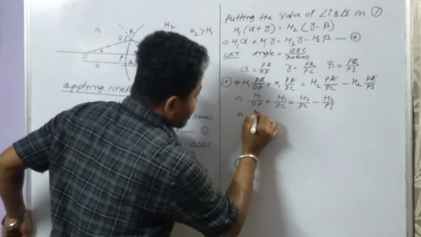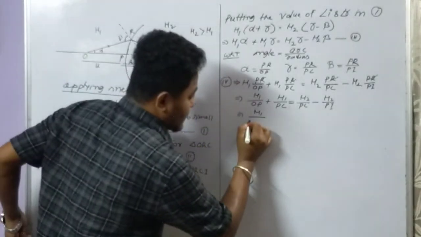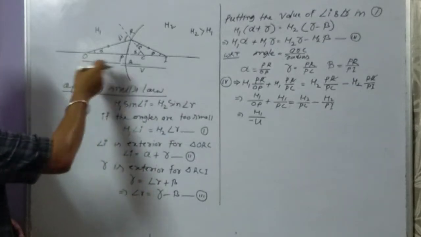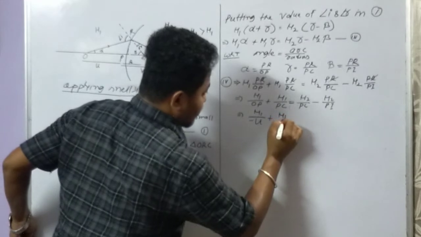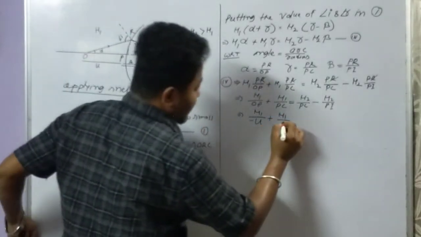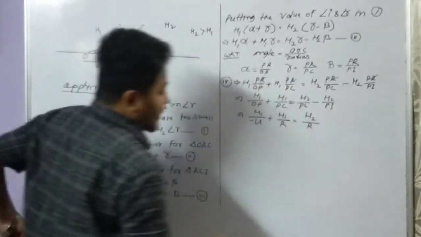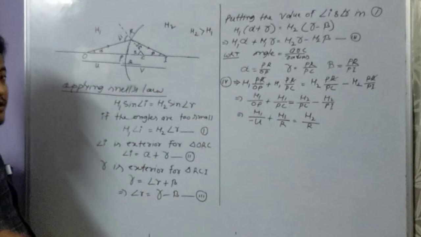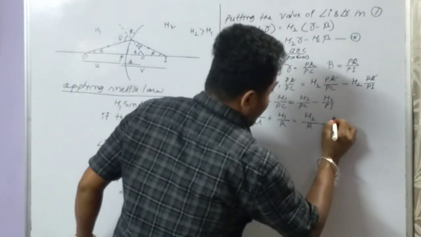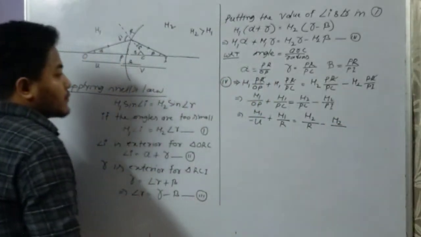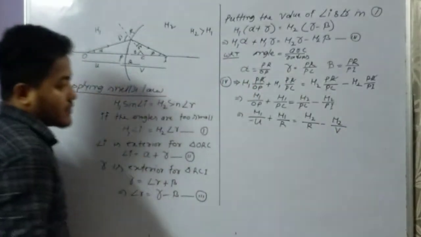This implies mu1 by OP, the object distance, is minus of u, because object distance is always negative, plus mu1 by PC. This PC is the radius of curvature, that is positive. Mu2 by PC is R. Radius of curvature is going to be positive in this case, because they are all lying on the right side. Then minus mu2 by PI, the image distance, that is also going to be positive.